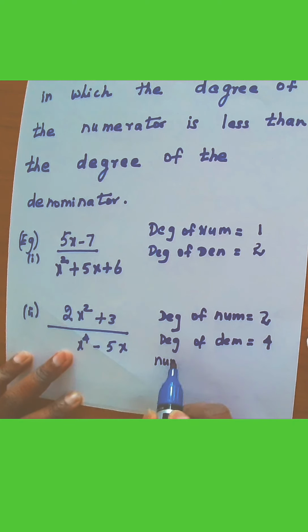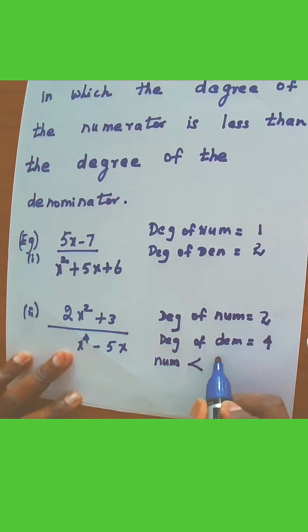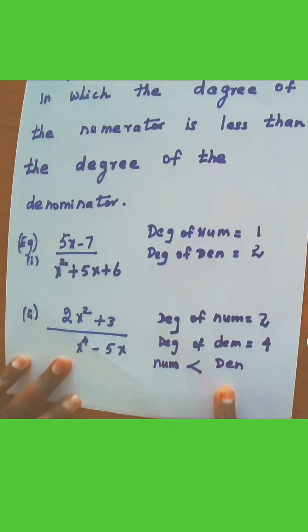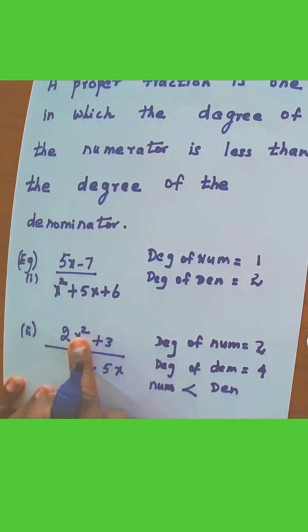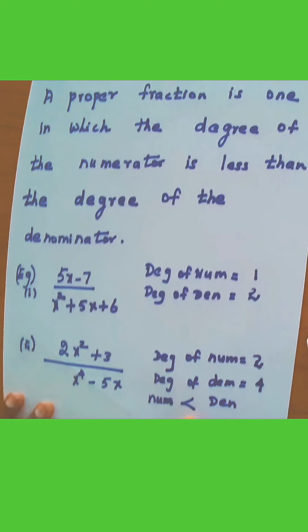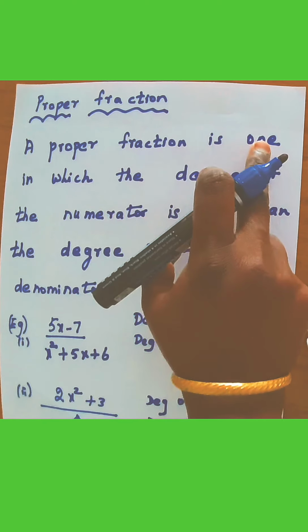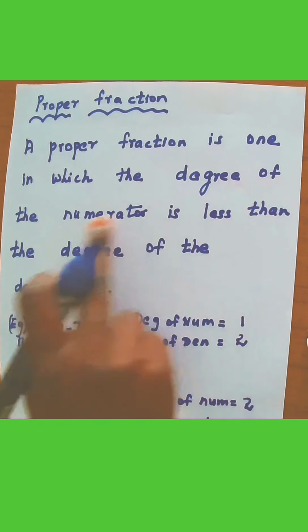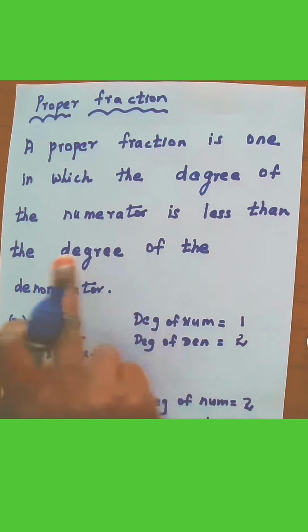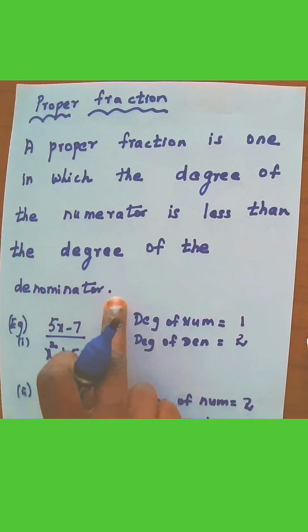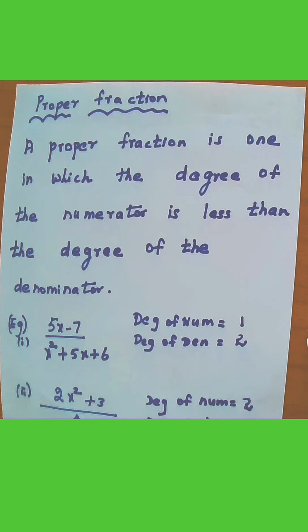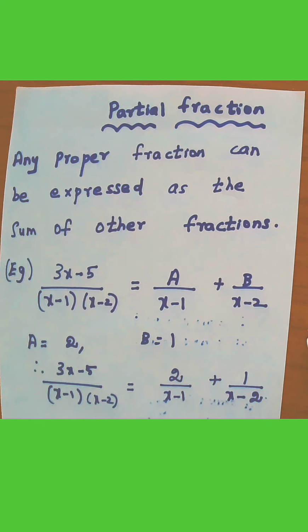So the numerator degree is less than the denominator degree, because the highest power of x in the numerator is 2 and in the denominator is 4. So it is a proper fraction. You can take down the definition: a proper fraction is one in which the degree of the numerator is less than the degree of the denominator.